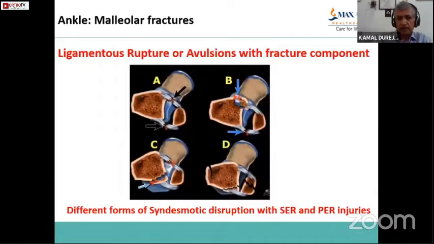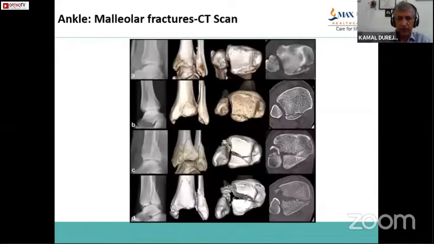The syndesmosis ligament in this situation can usually rupture directly, or sometimes it takes a fragment of the tibia from the anterior tubercle or from the posterior malleolus. And these are the different patterns of syndesmosis disruption which can happen with supination external and pronation external rotation injuries.